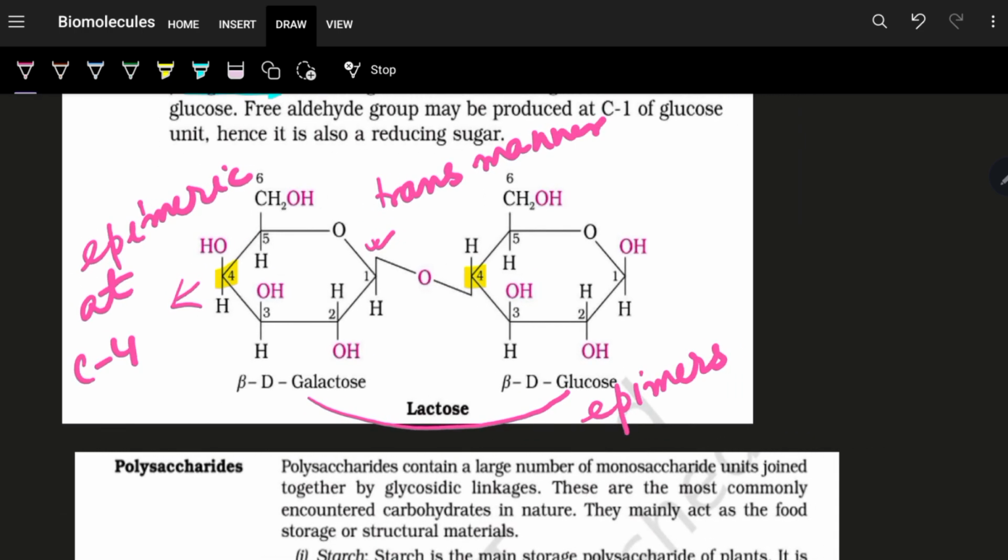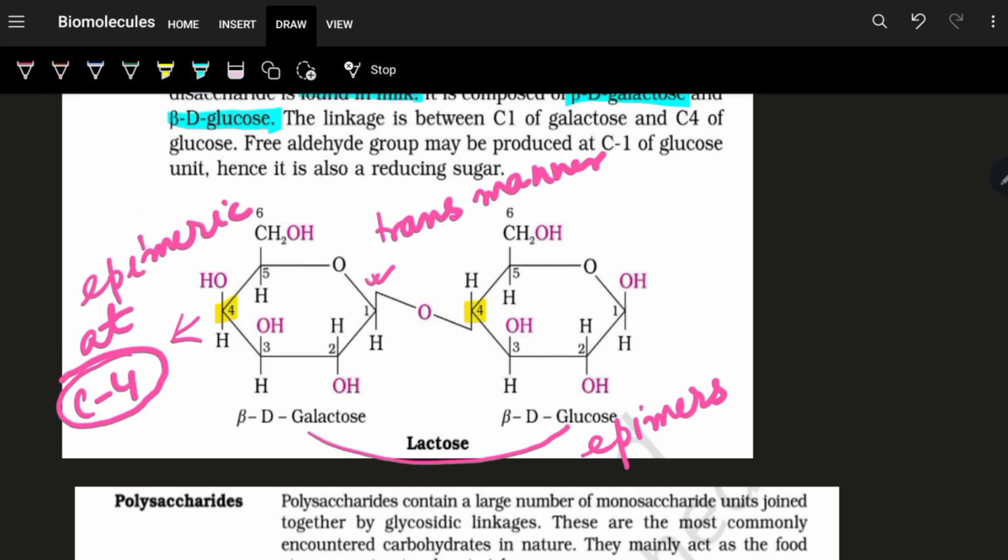So beta-D-galactose is epimer of beta-D-glucose and it is epimeric at C4, and this glycosidic linkage is a trans manner. Please note that in beta-D-glucose, the anomeric carbon C1 over here is free and non-bonded, for which it acts as a reducing sugar.